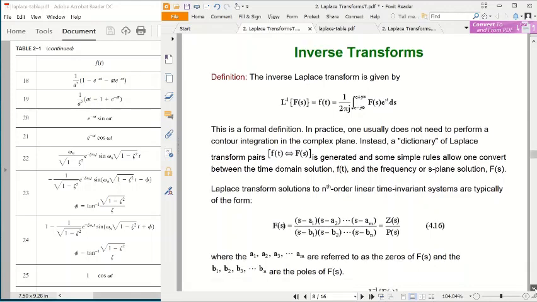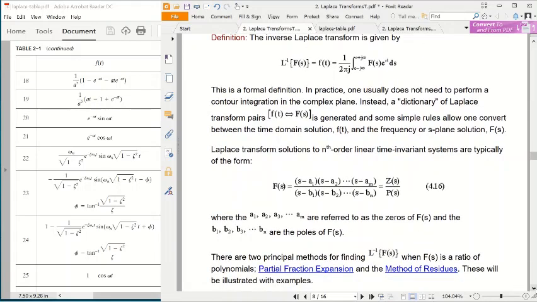For now, let's see how we do it step by step. Let's say you have a general function, or transfer function, like this. At the top you have the roots of the numerator, which we already discussed and call zeros. The roots of the denominator we call the poles of the transfer function.